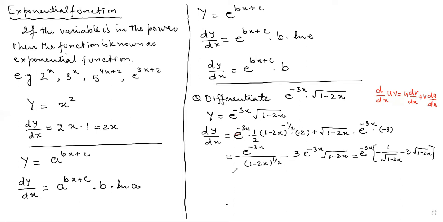Now we will take the LCM. e raised to minus 3x. The LCM is under root 1 minus 2x.